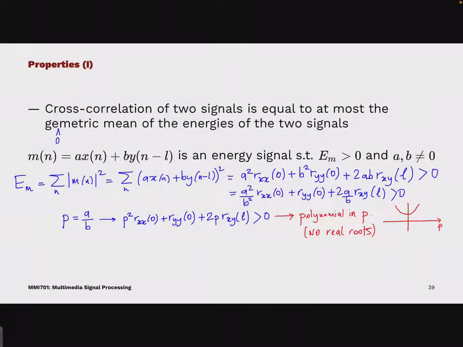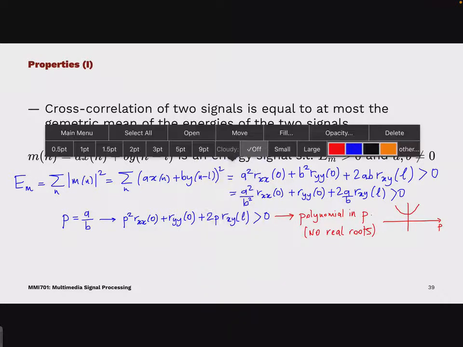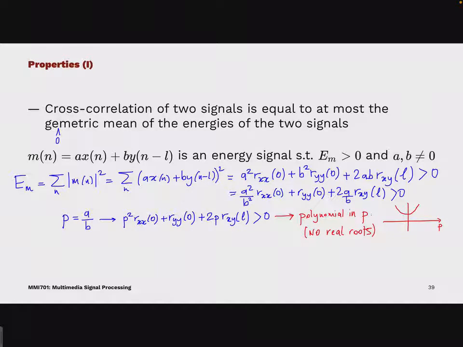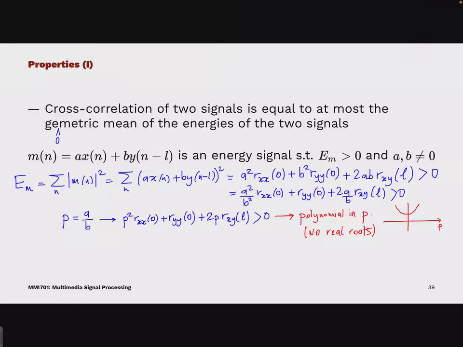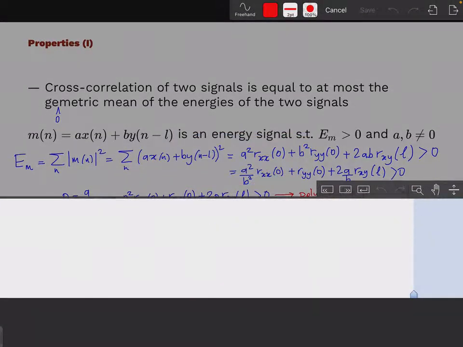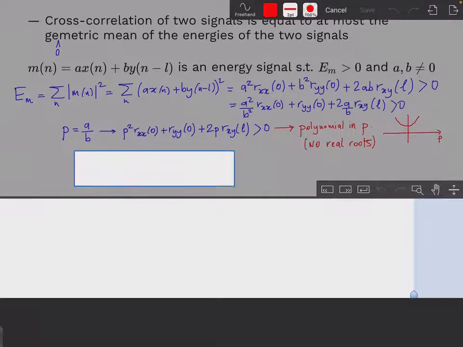So following on from there, we can just write the determinant. And if you remember from high school maths or first year maths, we know that for a polynomial to have no real roots, its determinant should be less than 0. So when we write the determinant by using rxx, ryy, and rxy as our polynomial coefficients, we have this relation.